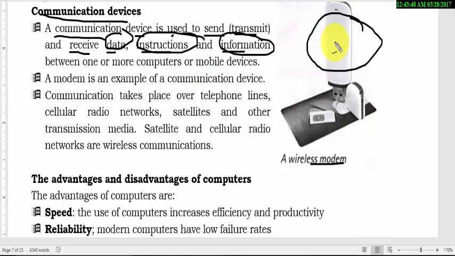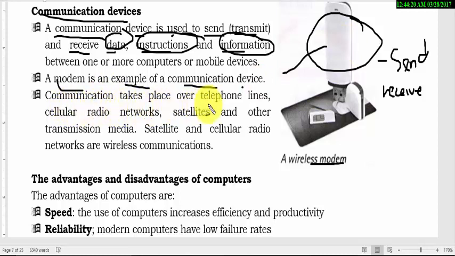It helps us to send and also to receive. So it helps us to send and receive data, instructions, and information. A modem is an example of a communication device. This is an example here.